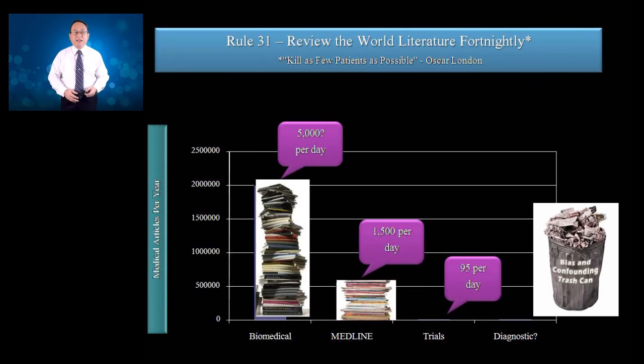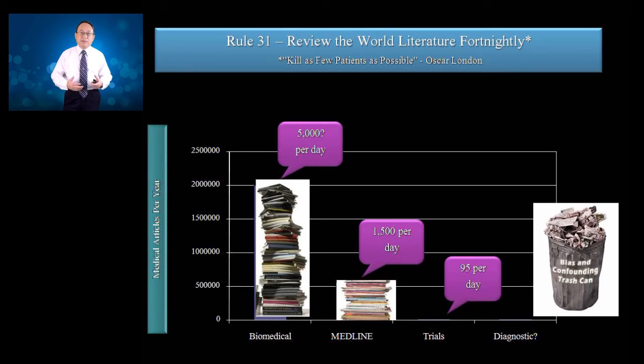From this slide, you will see that every day we have more than 5,000 new papers in journals, and you don't have time to read them all. Now, what's the problem?